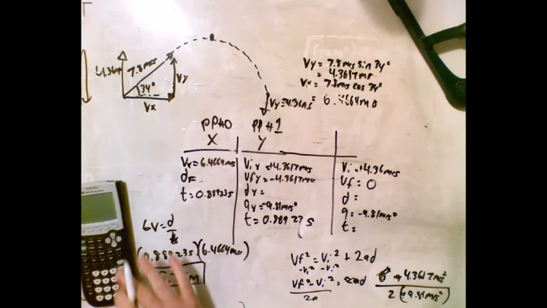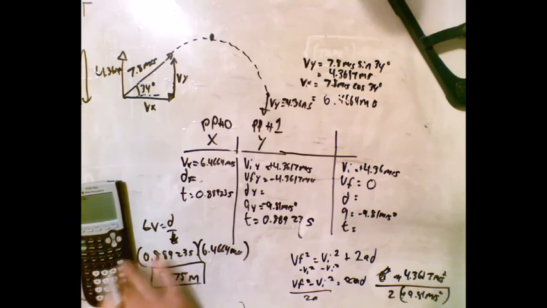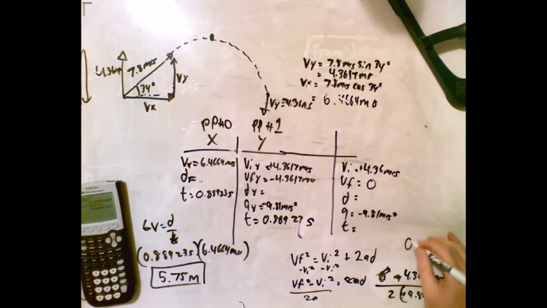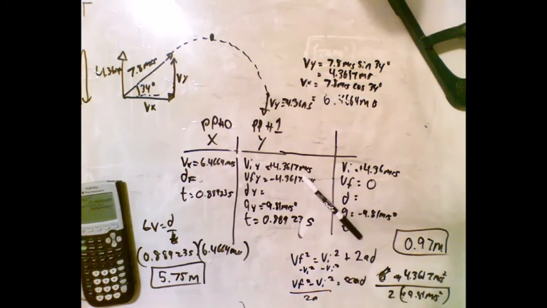So all I have to do is 4.3617 squared, don't forget to square it, divided by 2 times 9.81, and I get my maximum height is 0.97 meters. Okay, that is projectile motion in a nutshell.